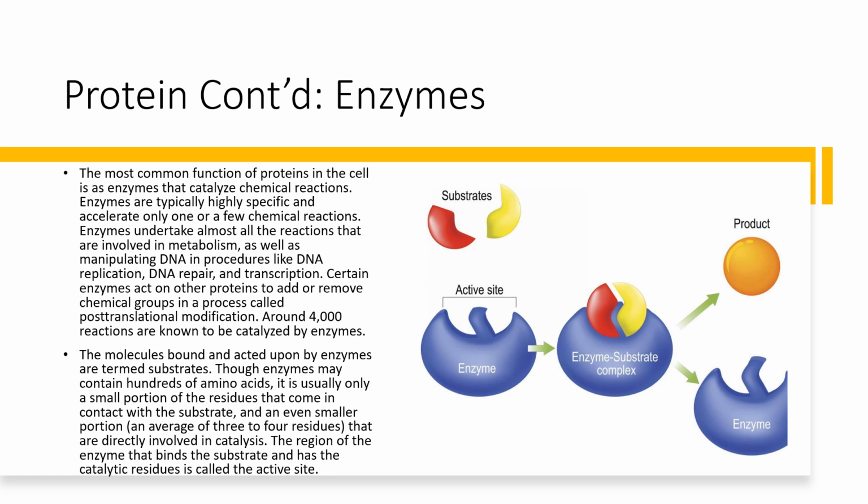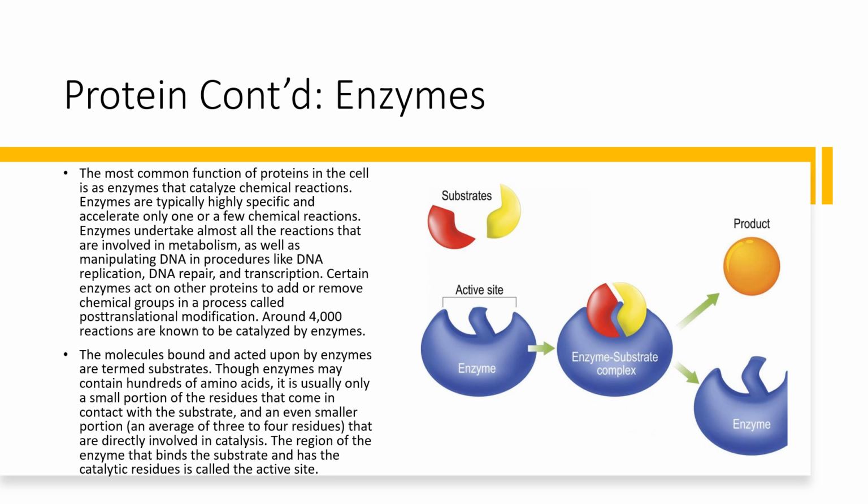Certain enzymes act on other proteins to add or remove chemical groups in a process called post-translational modification. Around 4,000 reactions are known to be catalyzed by enzymes. The molecules bound and acted upon by enzymes are termed substrates.